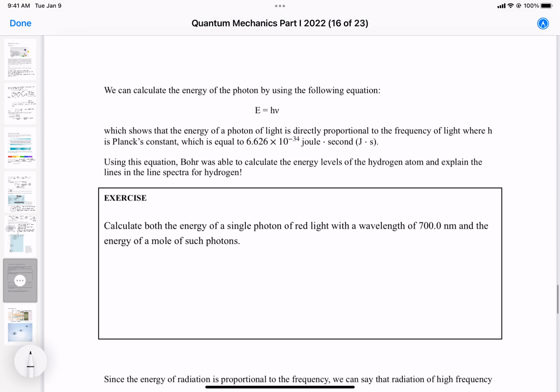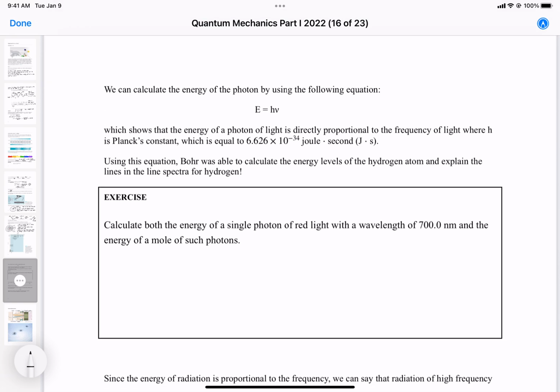All right, now let's do this exercise. Let's calculate both the energy of a single photon of red light with a wavelength of 700 nanometers and the energy of 1 mole of such photons.